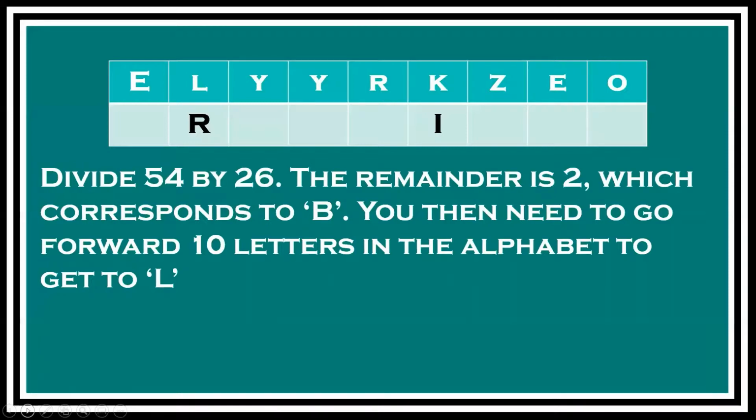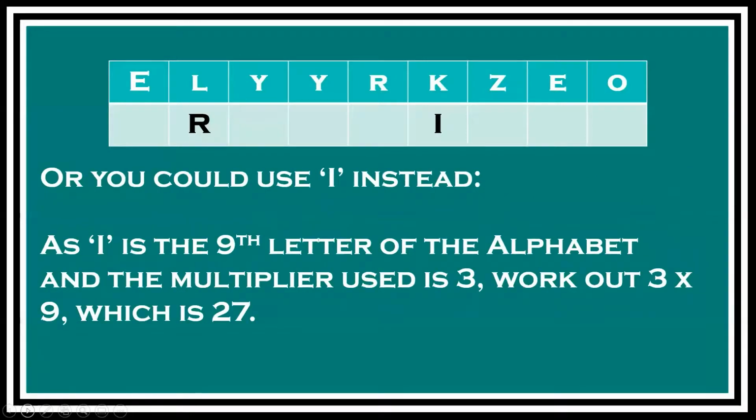But we didn't need to get 10 from R. We could have also used I to get 10. So we've got the choice of the two letters that are given to us. I is the 9th letter of the alphabet, and the multiplier used is 3. Work out 3 times 9.